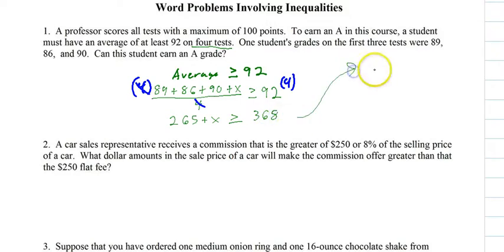And then now we just have to solve our inequality. So x is greater than or equal to 103. So he needs 103 on his fourth test to earn an A.